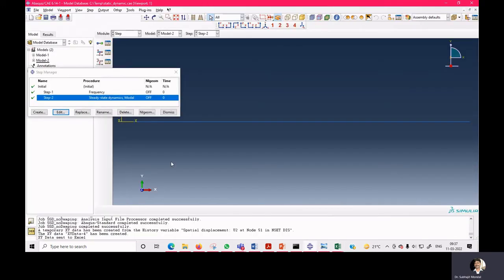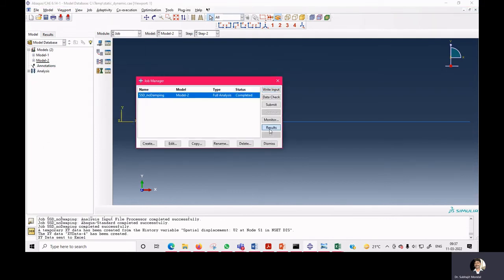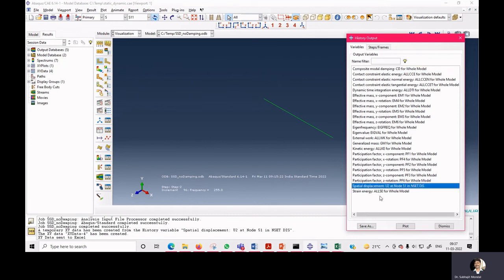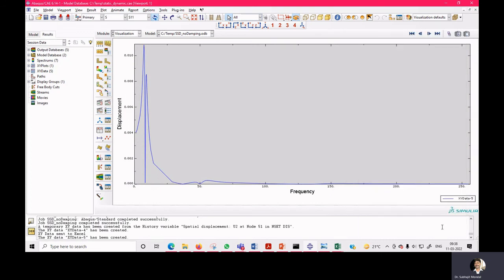Okay, so once we complete the analysis, we went to our XY data. Here we select ODB history output, and then I click continue, and then we have saved this data. Okay, so like that, save data as XY data 5, and we have saved it as absolute value.